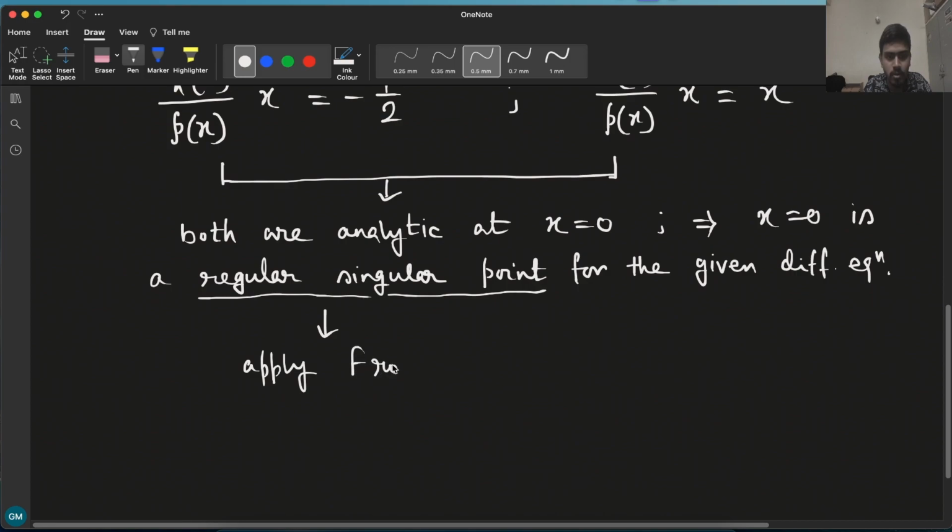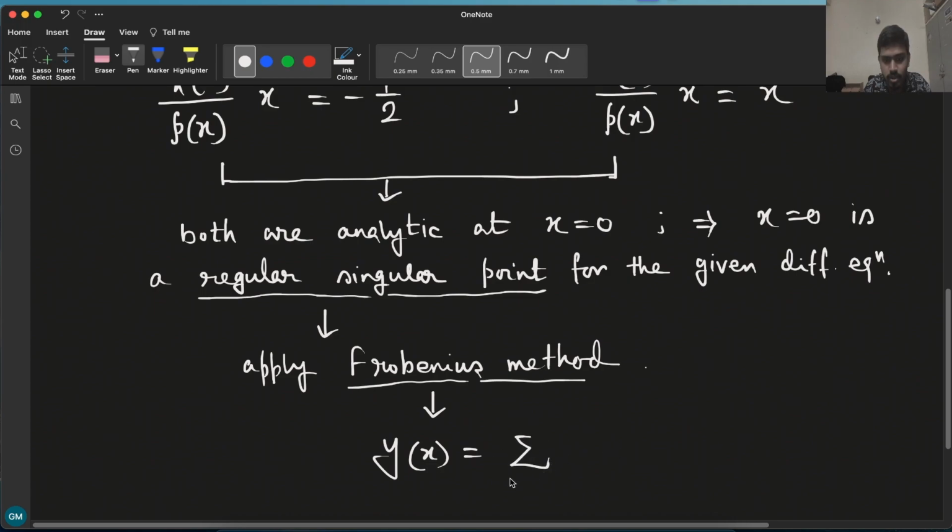As it is a regular singular point, we will apply the Frobenius method. We will start with a series, the sum over n equals 0 to infinity of a n times x minus x naught to the power n plus s, and x naught is 0, so it will be x to the power n plus s.